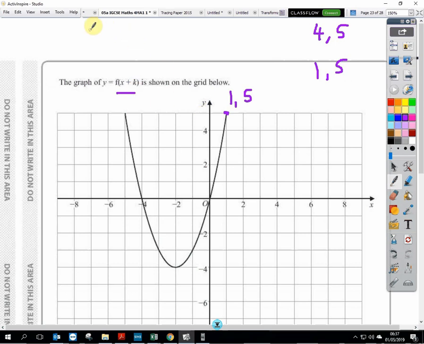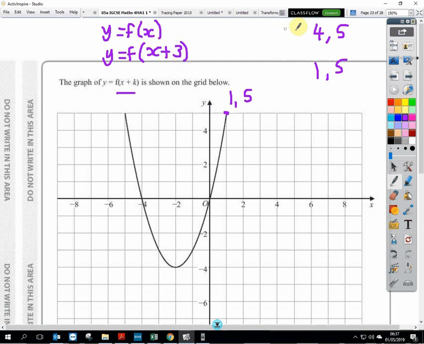If you start off with y equals f of x, and you change this to, let's say, f of x plus 3, let's have a look at what happens to get from here to here.